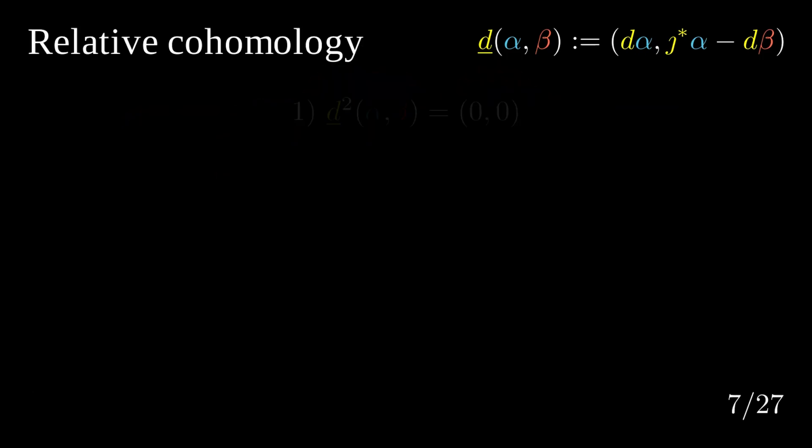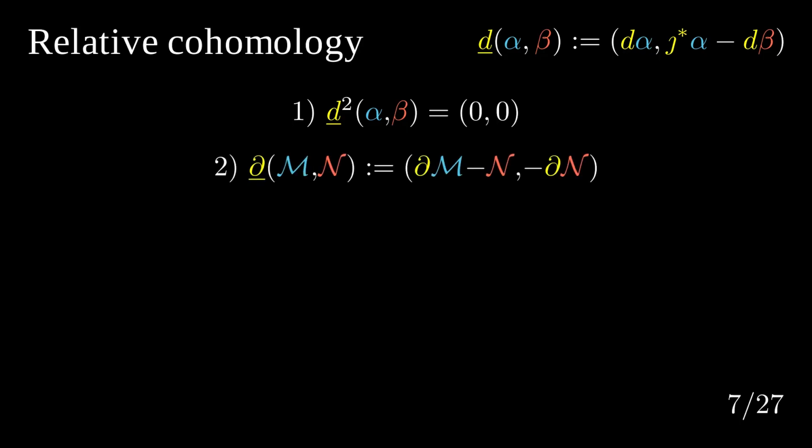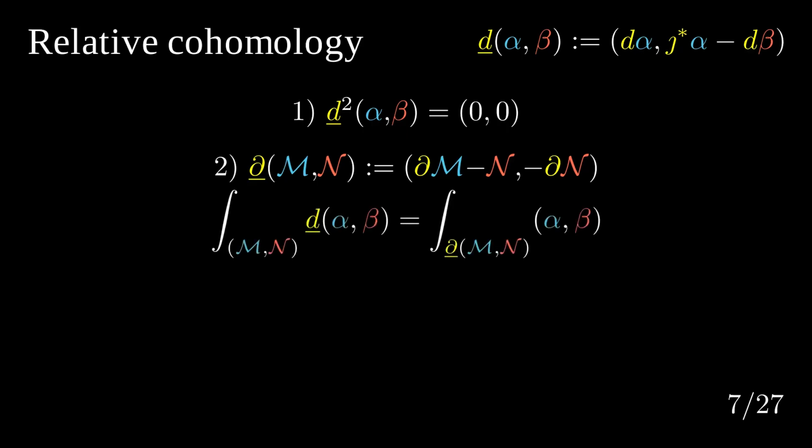So the properties of this relative cohomology: first, its derivative acting twice is 0 as expected, so it actually defines a relative cohomology. Second of all, it has a dual homology given by this operator, which satisfies this relativization of the Stokes theorem. Third of all, this relative boundary acting twice is 0 as expected.